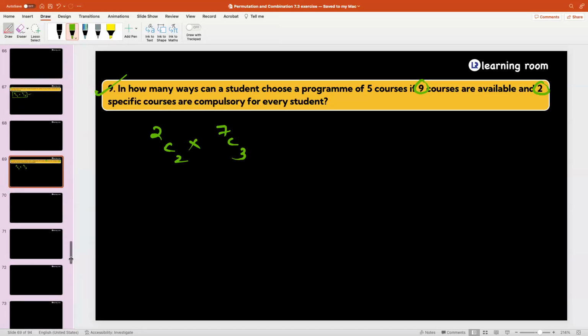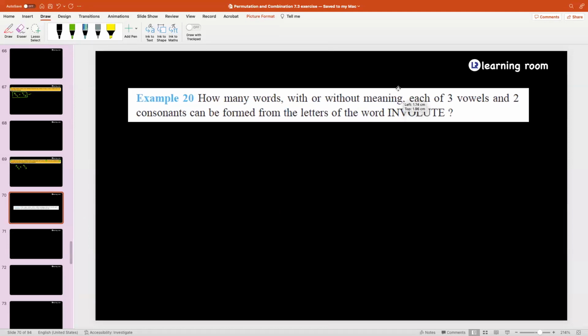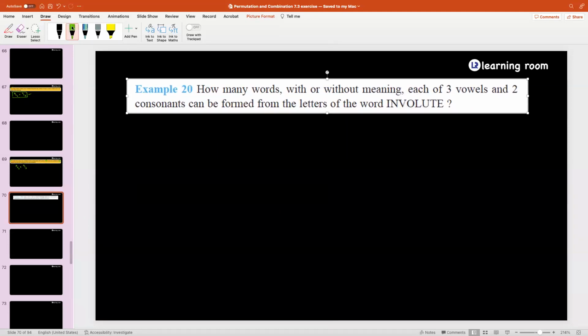This is the last problem in the textbook. Yes, sir. So now I think we are ready for the miscellaneous part, no? One minute. So we'll start with the miscellaneous problems.